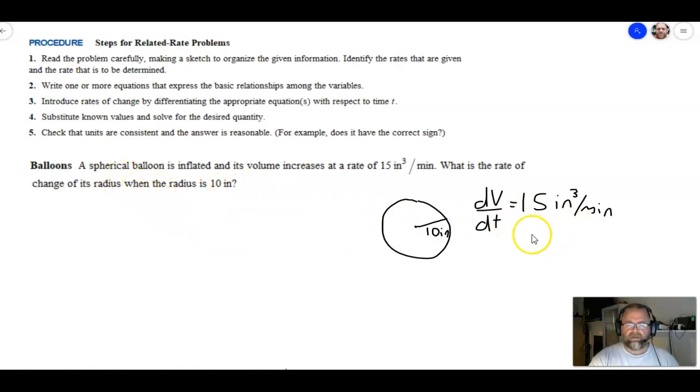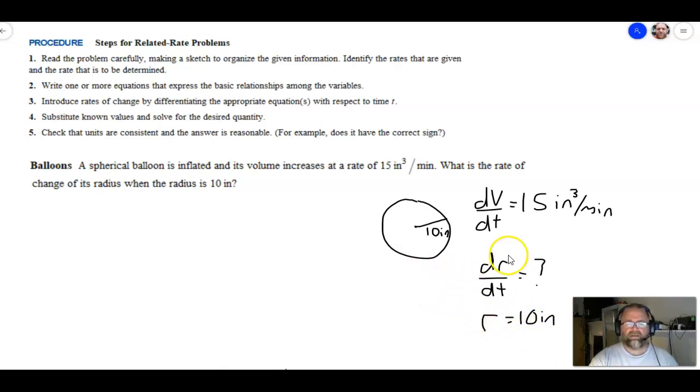All right. So I know this. I want to find the rate of change of the radius, so I want dr over dt in my final answer, and that's equal to something we don't know yet, and we also know that the radius is equal to 10 inches. So I'm just going to write 10 inches there.